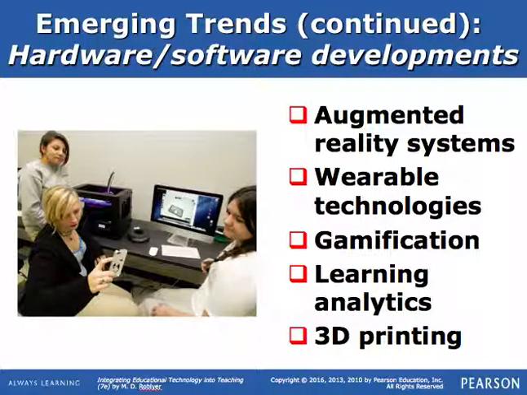They can go see the cathedrals in Rome and Pompeii and see the jungles of Borneo through this thing. It's really cool. Wearable technologies, things like the virtual reality glasses and all those things that come out. Gaming's huge. Learning analytics, how we can use technology to analyze data, and 3D printing's pretty big nowadays. But I don't consider that emerging because it's been out for a while.